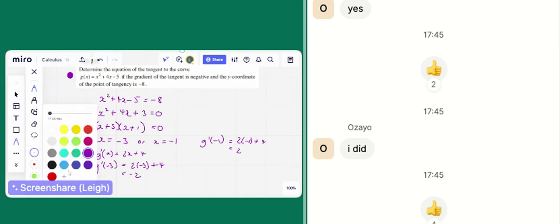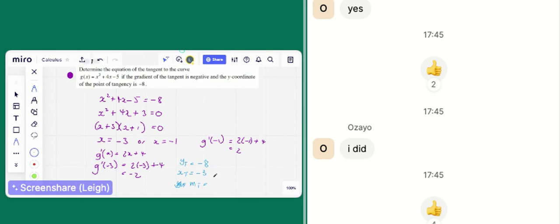All right, so our 3 magic ingredients for the equation of a straight line in this case: our y at the point of tangency is -8, our x at the point of tangency was -3, and our m at the point of tangency was -2.